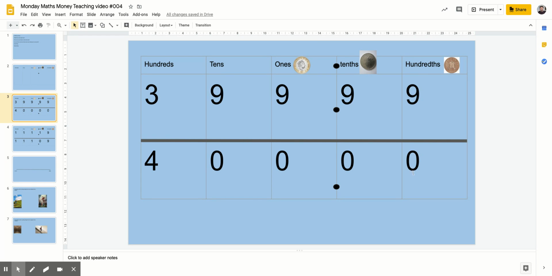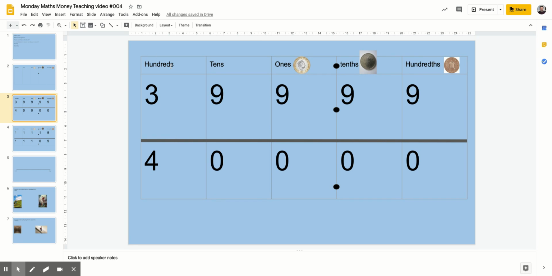The bottom amount has got 0. Looking at the tenths is the same thing. It's got 9 tenths, which represents 90p, and no tenths here. So far we've got 99p at the top. The pounds are the same. We've got £9 and £0.